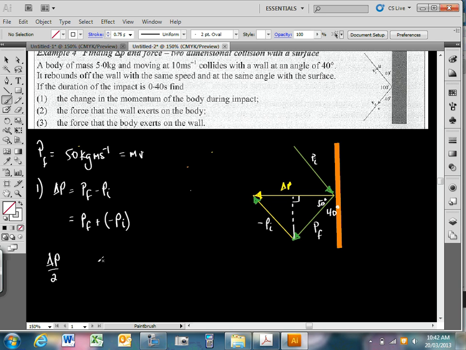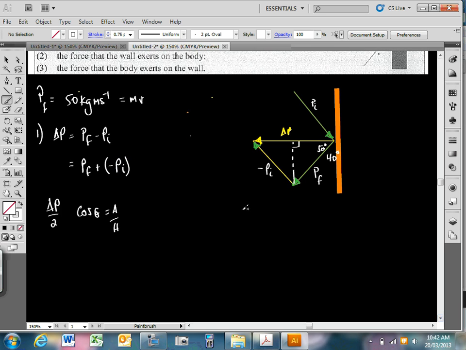Okay. So cos, adjacent over hypotenuse, will give me something that I don't know over something that I do know. Cos theta. State the formula, please, people. State the formula you're going to use first. It's a good way to start.